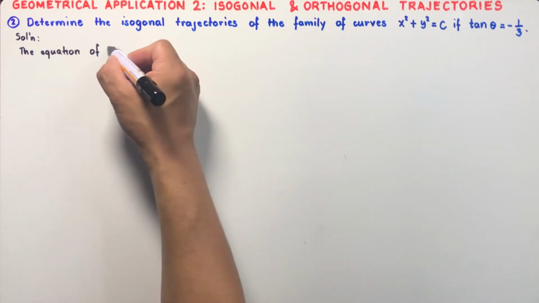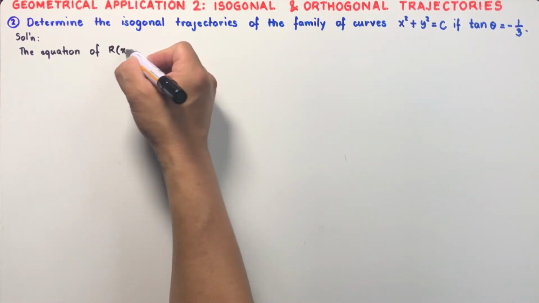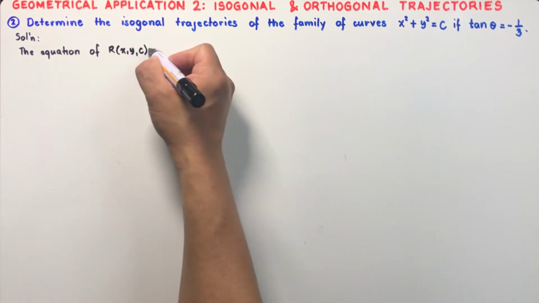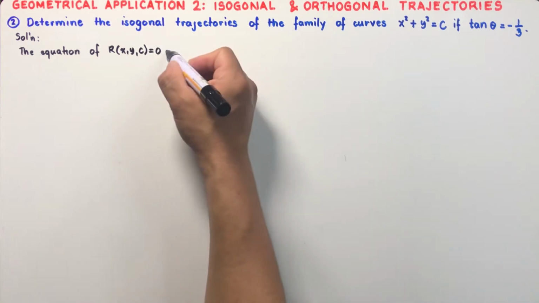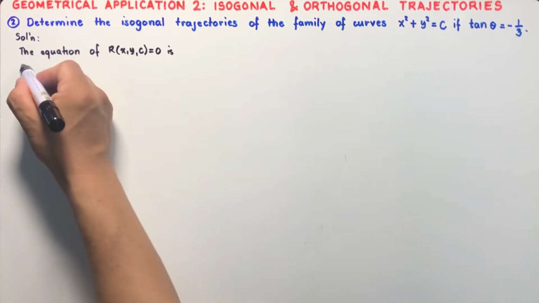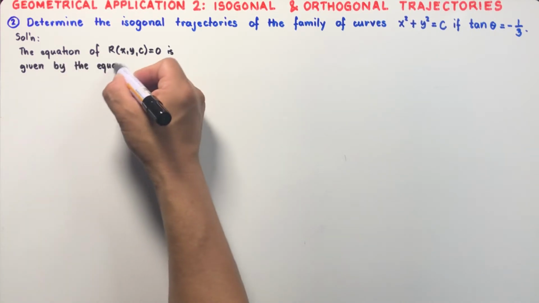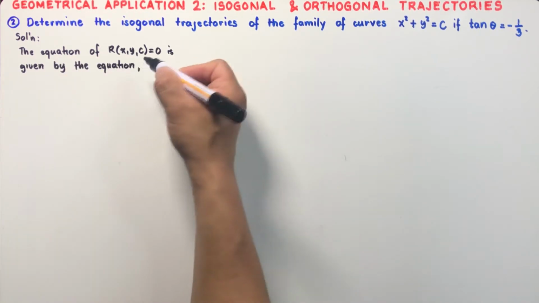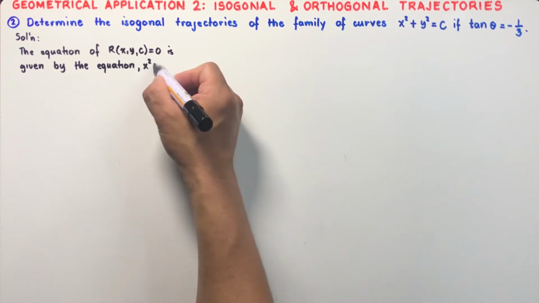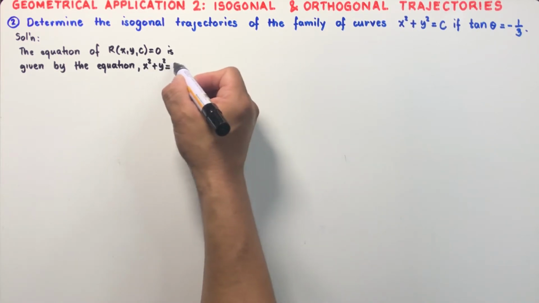So this is our r of x, y, c, which is equal to 0, is given by the equation x squared plus y squared equals c.